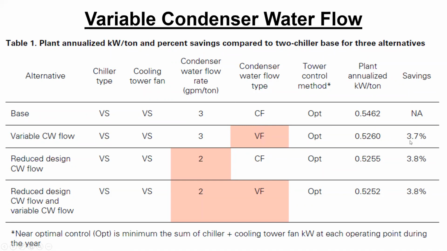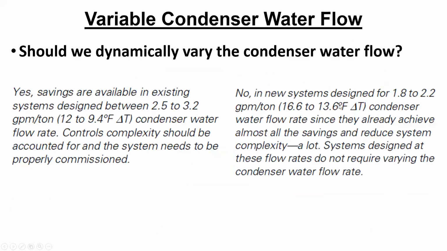Now you can see that you can save up to 3.7% by using a VFD on the condenser water flow, especially for this high GPM per ton, which is the older design. But let's see if we have the reduced design condenser water flow, which is 2 gallons per minute per ton, which, if I go to the previous slide, is around the range of a more modern one.